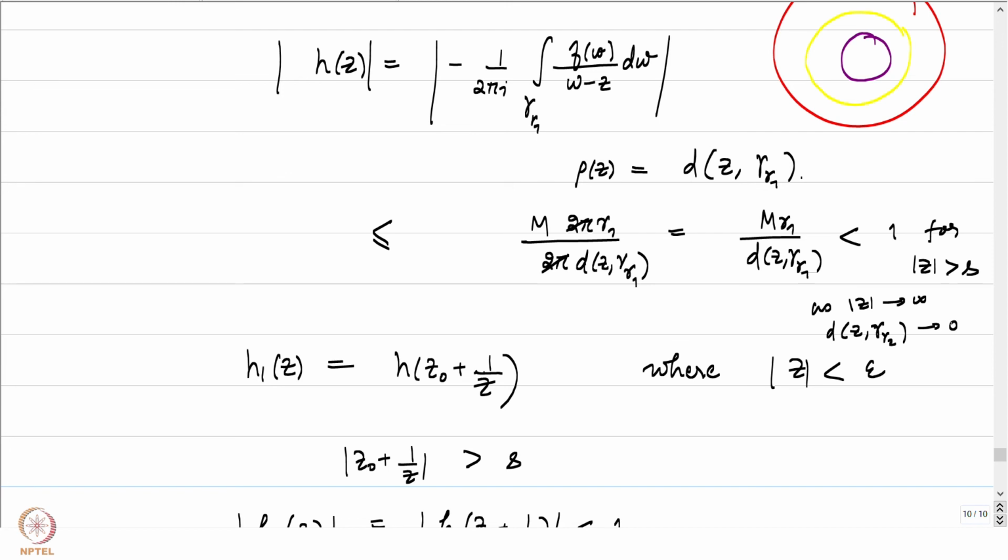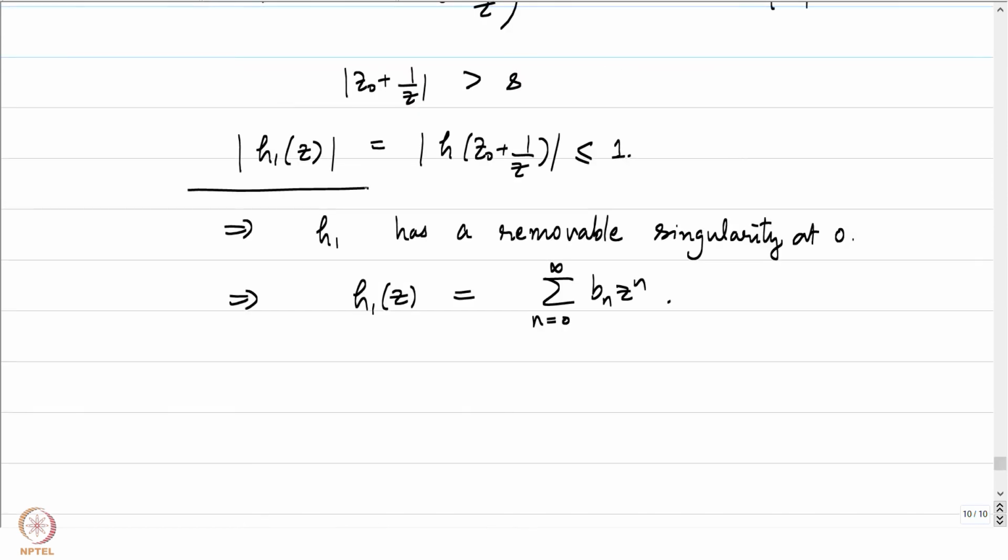This goes to infinity, and therefore 1 by this goes to 0, and therefore the absolute value of h is going to converge to 0 as the absolute value of z goes to infinity. So that effectively tells us that the absolute value of h1 of z goes to 0 as z goes to 0 in this particular case.